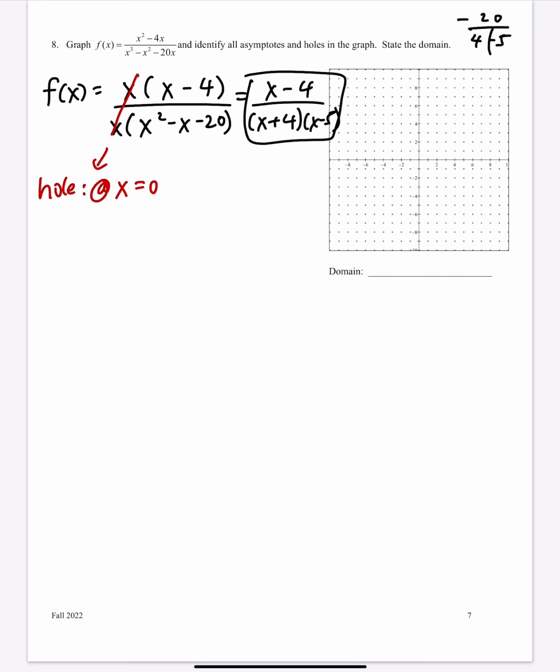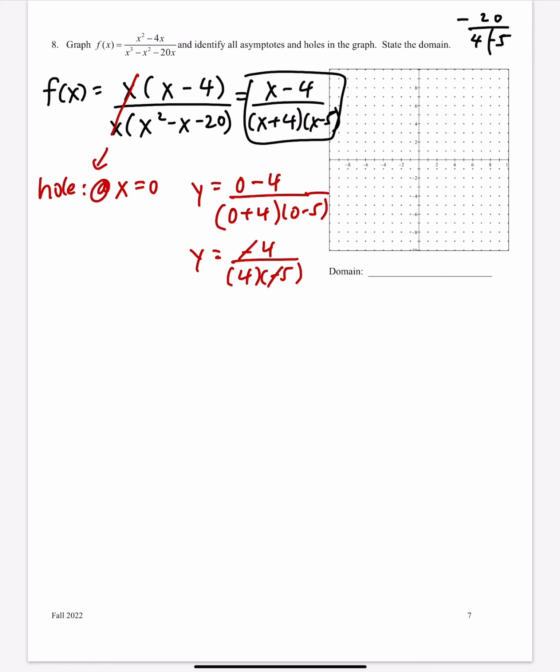So now, to find the hole, we need to find the y value by replacing the x with 0. So 0 minus 4 over 0 plus 4 times 0 minus 5. So that becomes negative 4 over 4 times negative 5.